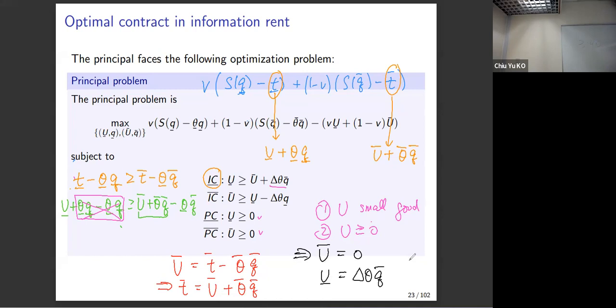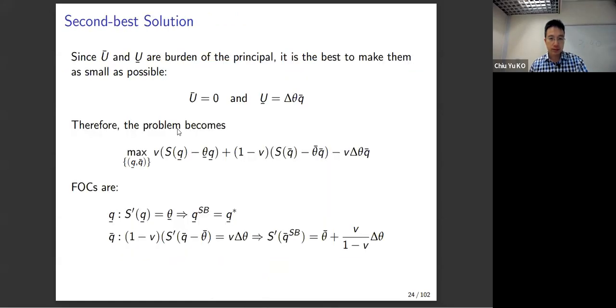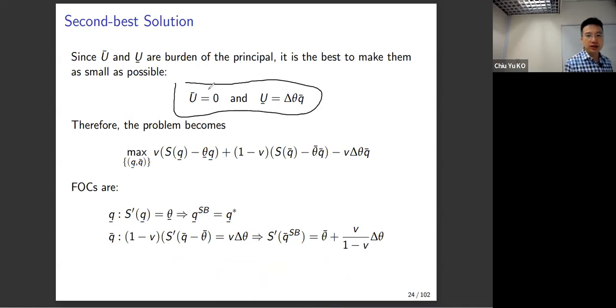Because by doing it, it satisfies all the inequalities there. Everything is satisfied. Actually, this is redundant. So basically this is satisfied, put it back, and you can solve the model. Let's see it. So that's what I argue, because to make it as small as possible, the only thing you can do is go to that.